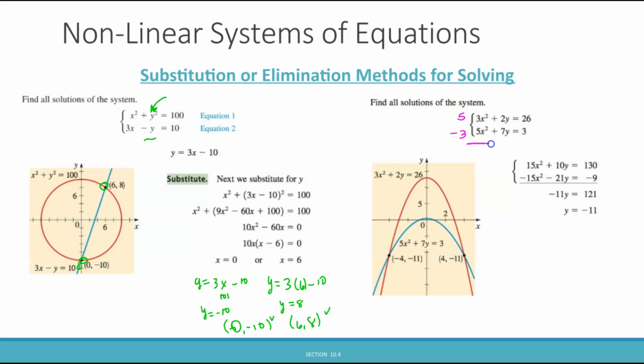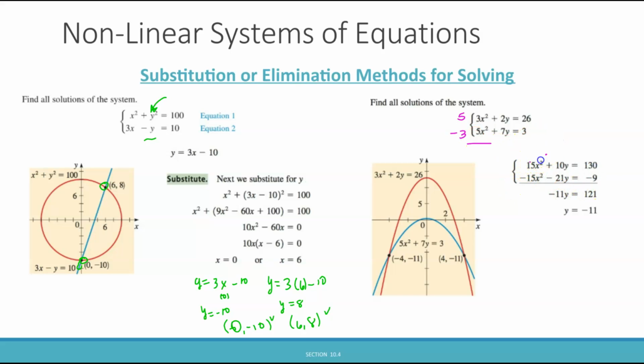Then when I add these two together, x squared will eliminate. So 5 times 3 is 15, 5 times 2 is 10, 5 times 26 is 130. Negative 3 times 5 is negative 15x squared, negative 3 times 7 is negative 21y, and negative 3 times 3 is negative 9.